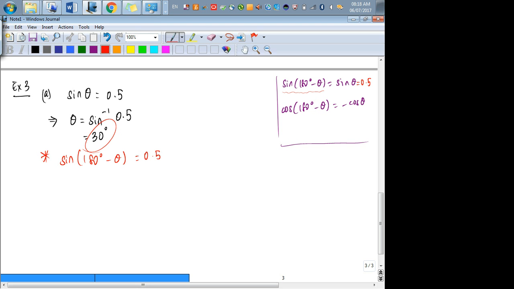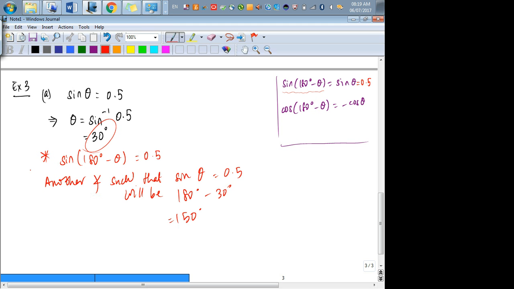Right? Then, we had theta to be equals to what? Just now we said that theta was equals to 30, right? So another angle such that sine theta equals to 0.5 will be 180 degrees minus 30 equals to 150 degrees.